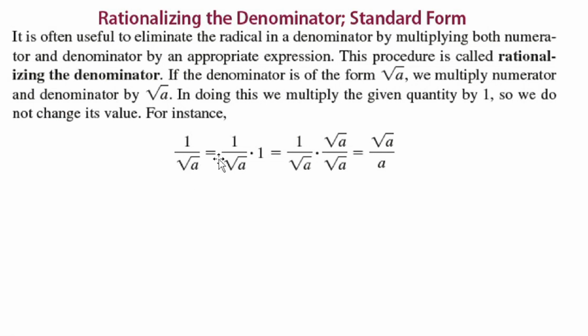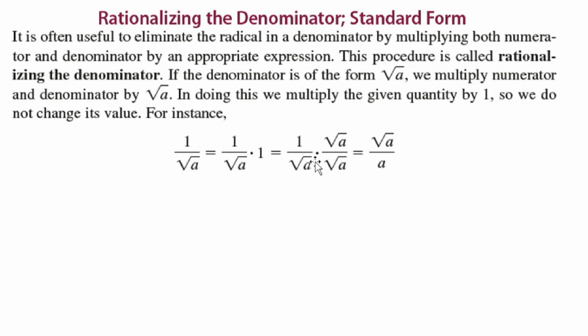This is what we mean. 1 over the square root of a is equal to 1 over square root of a times 1. But this 1 can be written as square root of a over square root of a. Take note, square root of a over square root of a is just equal to 1, so that we do not change the original given, which is 1 over square root of a.